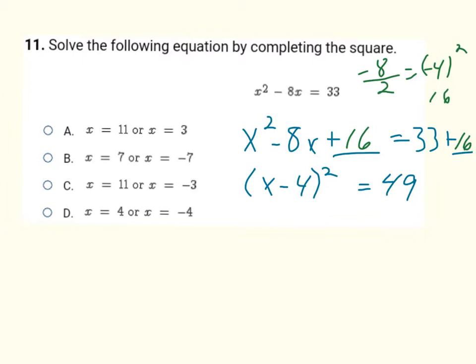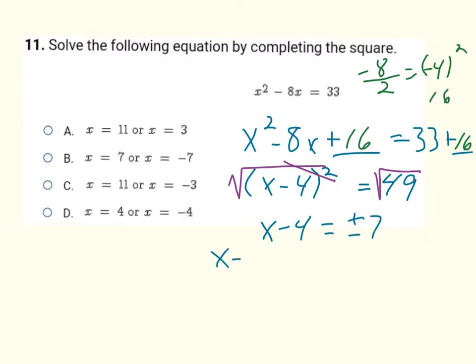And what's awesome about that is I can just take the square root of both sides. And this square root and this square cancel, and I'm just left with x minus 4 on the left side. And then the square root of 49 is plus 7 or minus 7.